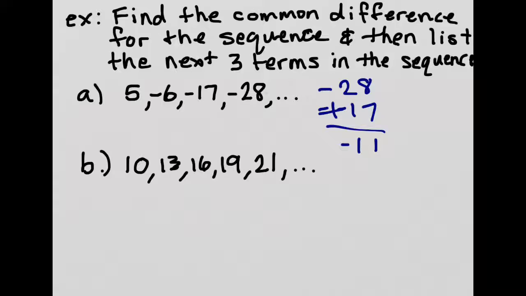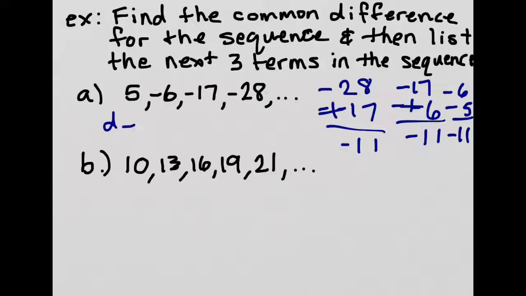Okay, now let's do negative 17 minus a negative 6. That's really plus, so that gives us negative 11. And negative 6 minus 5 gives us negative 11. Okay, so our common difference is negative 11. That means that each time we are subtracting 11 from each term, or we're adding a negative 11.